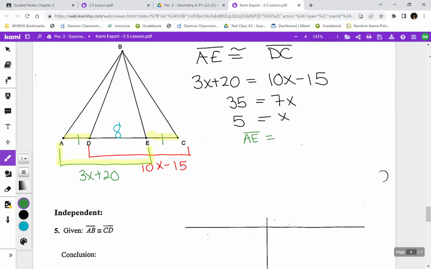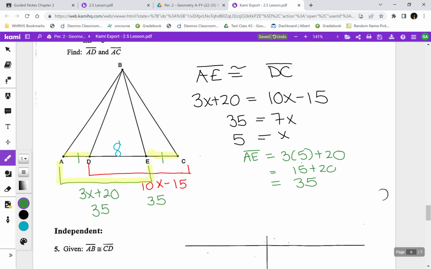AE is going to be 3 times 5 plus 20. So AE is going to be 15 plus 20, which is 35. Which means DC is also 35.